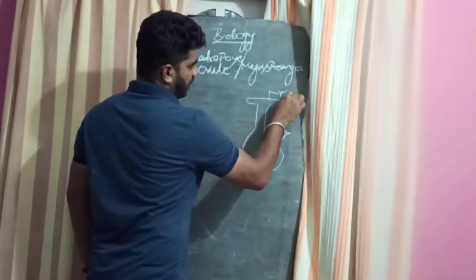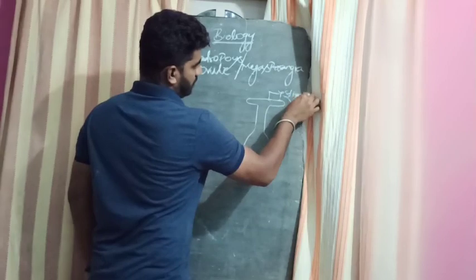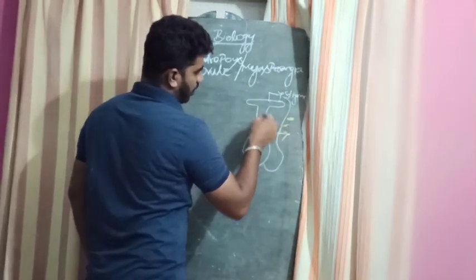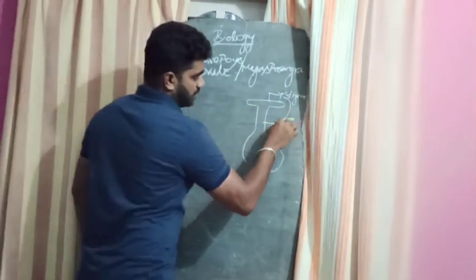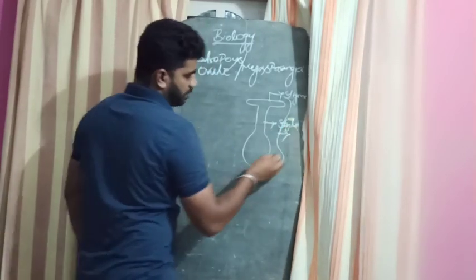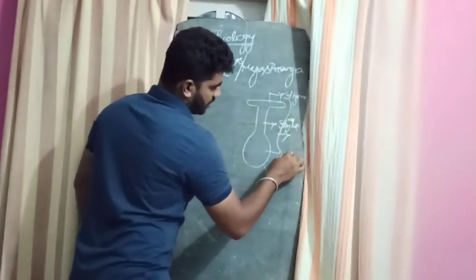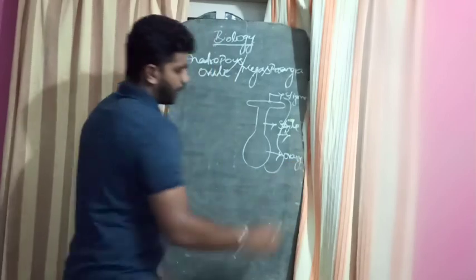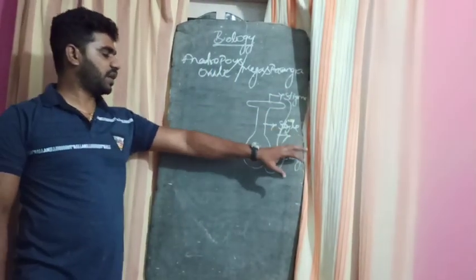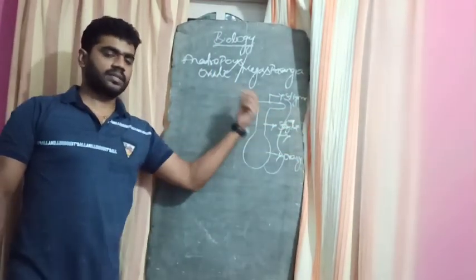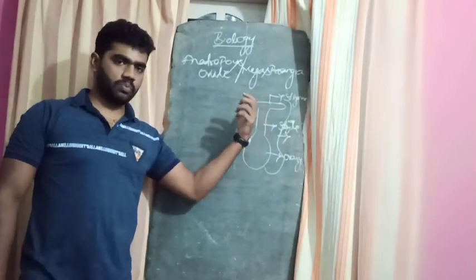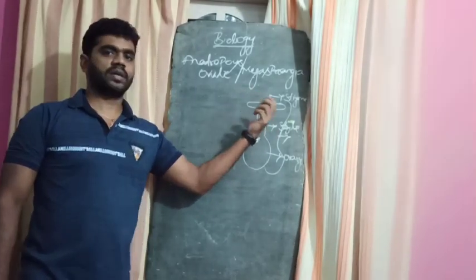The first part is the stigma, the second part, this long slender part, is the style, and the basal bulged part is the ovule. This complete structure is the carpel or the pistil, and this represents the female reproductive part of the flower, which is called gynoecium.